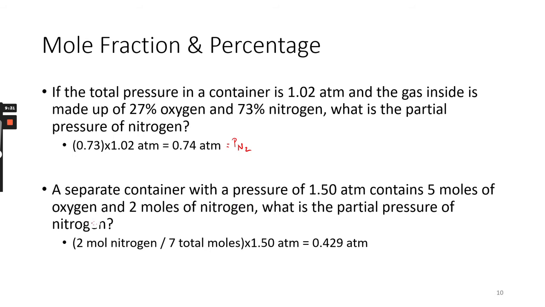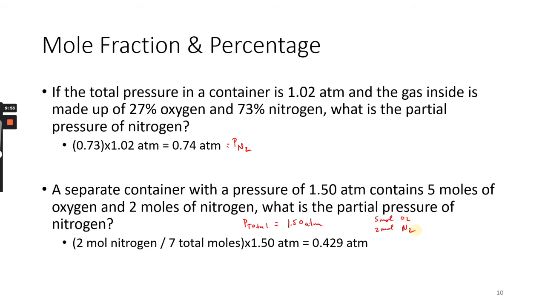In the second example, they're giving you the moles. They say that a container that has a total pressure of 1.5 atmospheres contains 5 moles of oxygen and 2 moles of nitrogen.